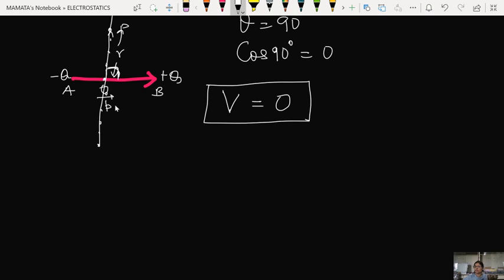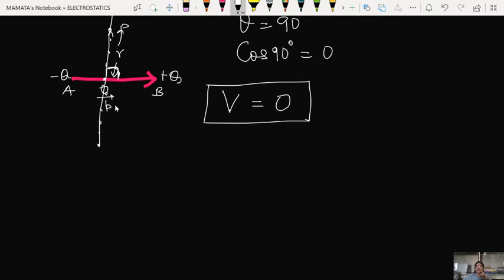And the reverse of this: if a question asks whether there is any condition where potential is there but the field is zero, yes, it is also possible in a hollow conductor. The electric field is zero but the potential is there.